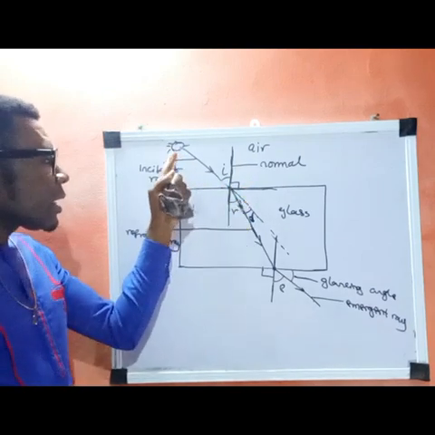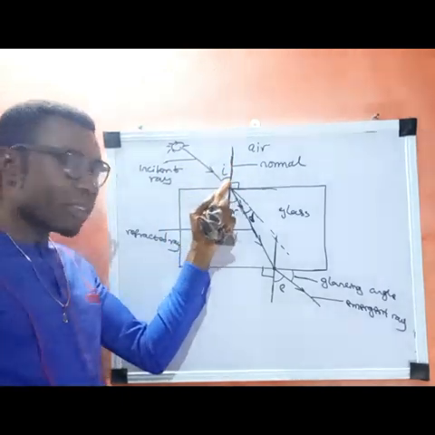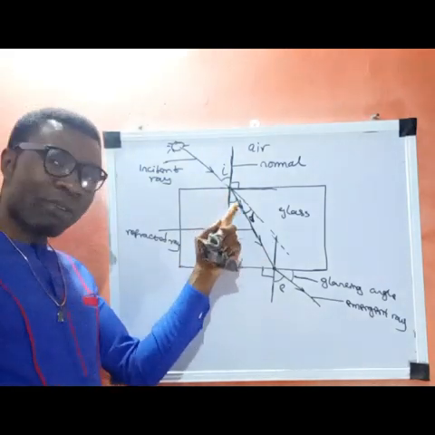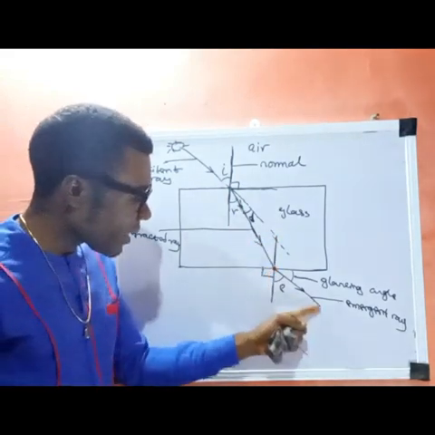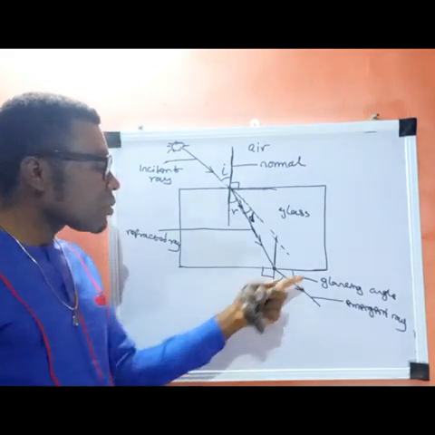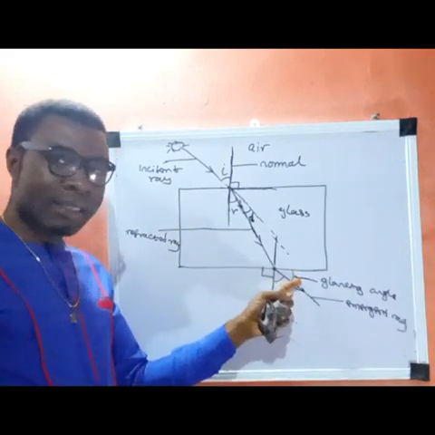The angle between the incident ray and the normal is called the angle of incidence. The angle between the refracted ray and the normal is the angle of refraction. The angle between the emergent ray and the normal is the angle of emergence, while the angle between the boundary and the emergent ray is the glancing angle.